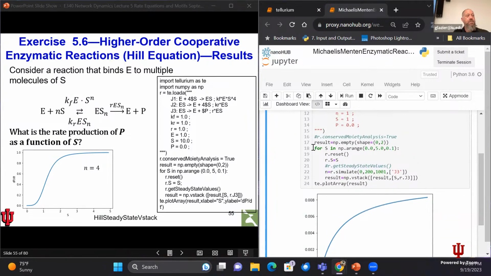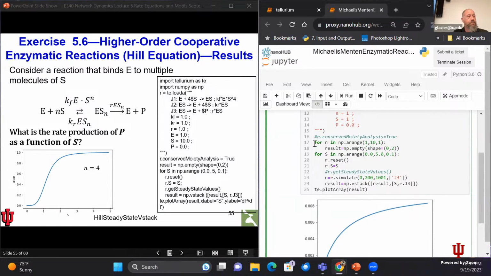Let me now put this inside of a loop. I'll set for n in np.arange(1, 10, 1): Again, I don't usually like the code on the hoof, but let's just see. So what am I doing?